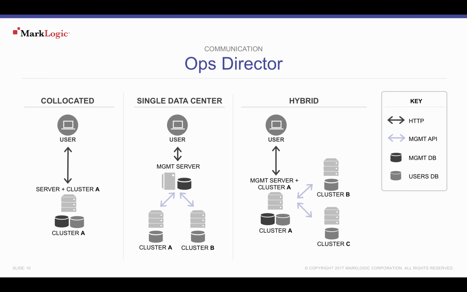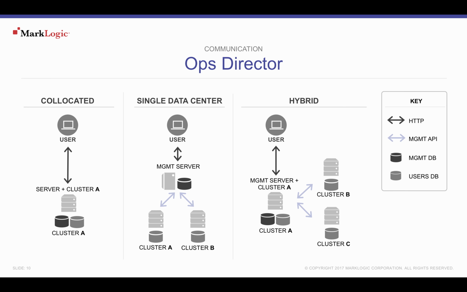When Ops Director is notified of a configuration change, if the change is more recent than the local data that Ops Director has for a particular configuration, Ops Director will retrieve the necessary payloads from the managed clusters in the form of resource documents. This configuration data includes any changes made to the server configuration files.